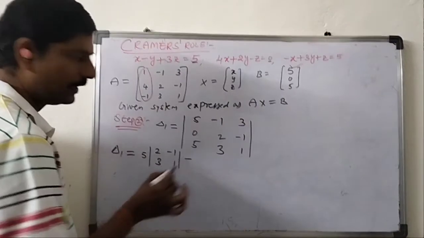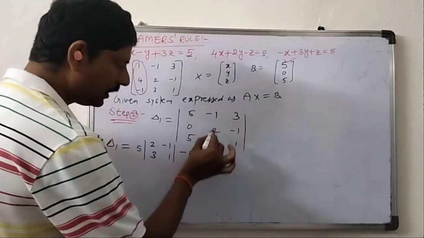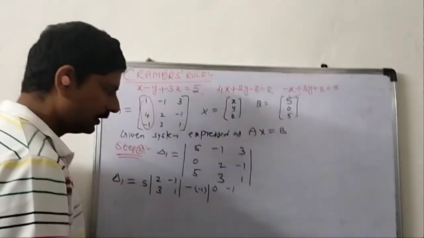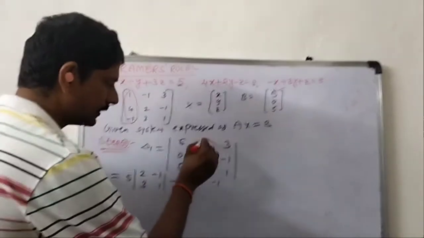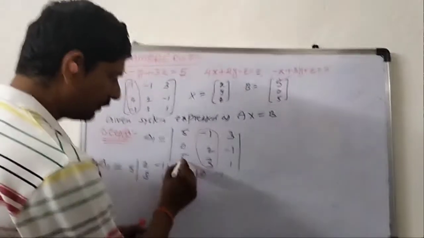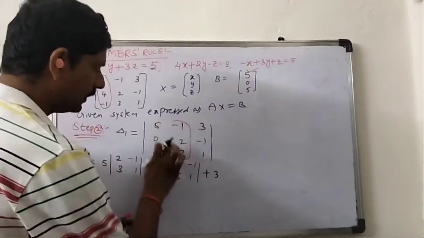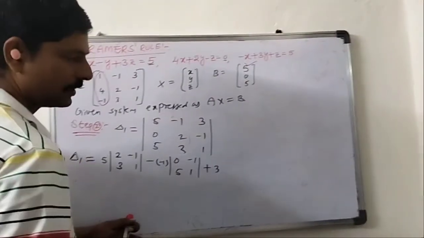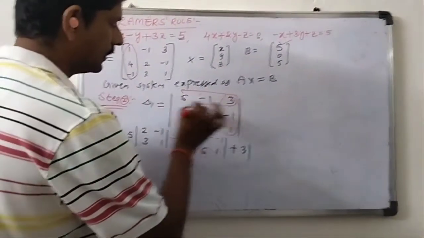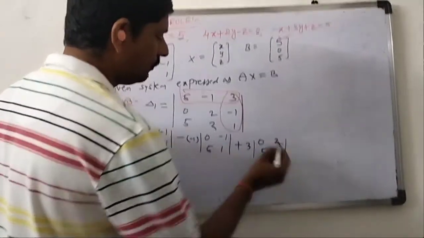For the second element we get minus of minus 1 into, removing the first row and second column we get 0 minus 1, 5 1. And for the third, 3 is there, so 3 into the determinant of removing this and this, we get 0 2, 5 3.